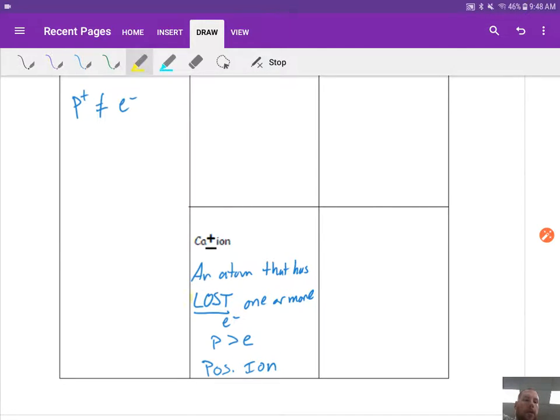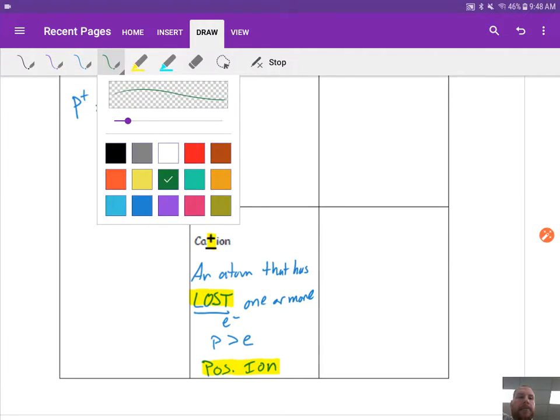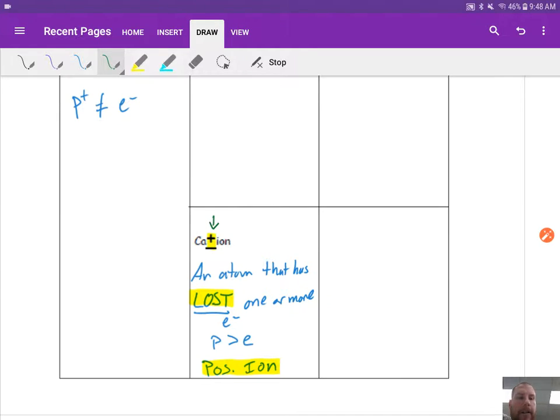Think about it. What's the charge on a proton? Protons are positive, so it should make sense that we have a positive ion. The key to remember, guys, is that the word C-A-T-I-O-N has a plus sign right there in the name. That's an easy way to help you remember that it's a positive ion.